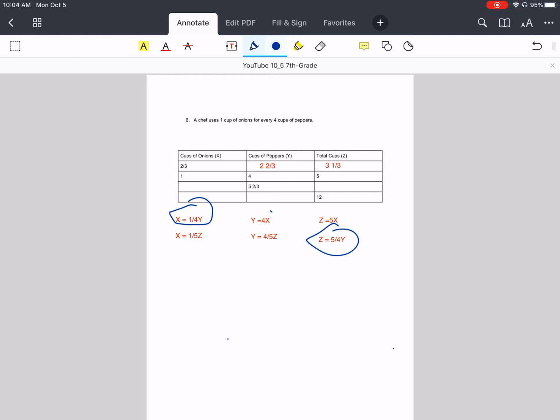We're going to convert 5 2/3 into an improper fraction. 3 times 5 is 15, plus 2 is 17, so we're having y equals 17/3. To find the x value, we're doing 1/4 of that, which is 17/12. That simplifies to 1 5/12.